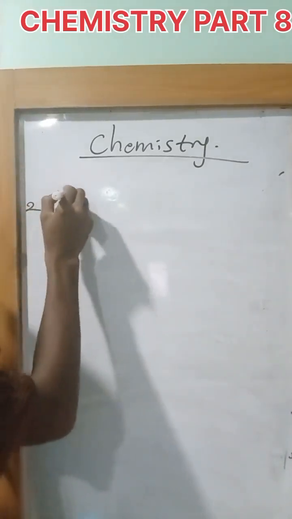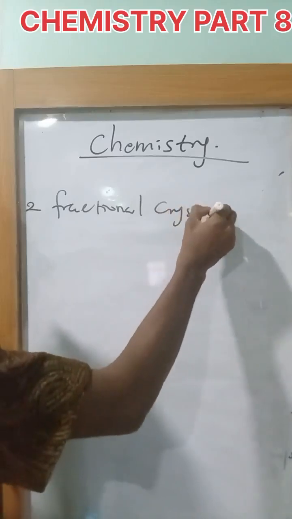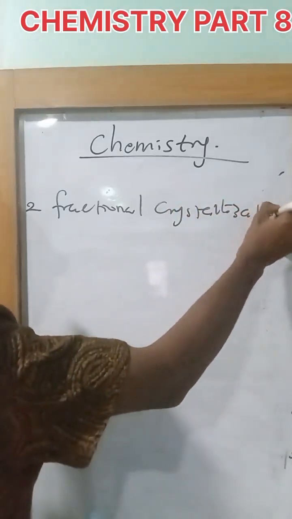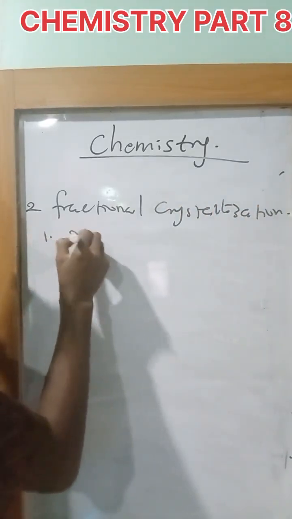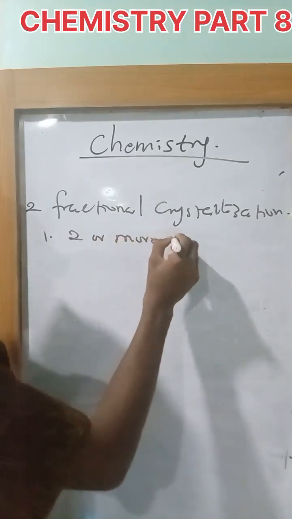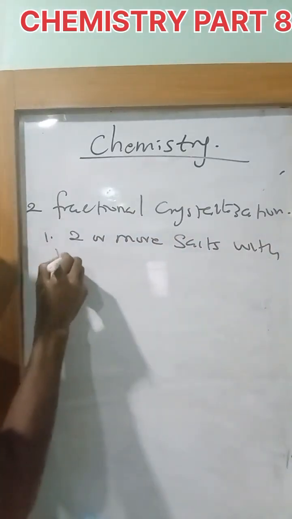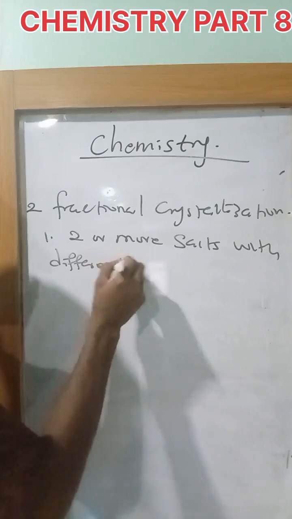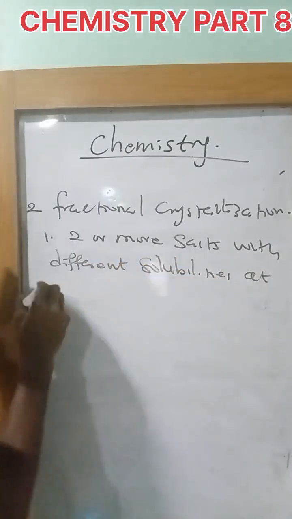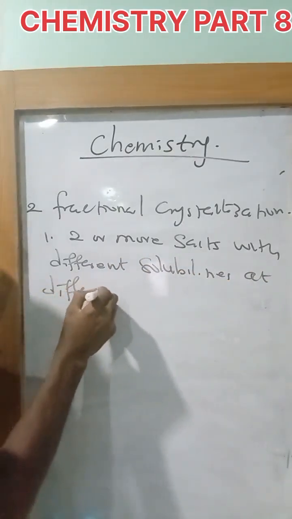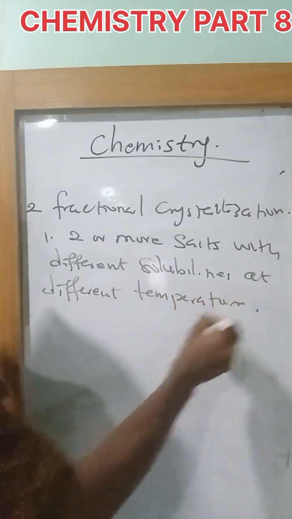Number 2, fractional crystallization is used to separate, take note, 2 or more salts with different solubilities at different temperature. Very important. At different temperature.